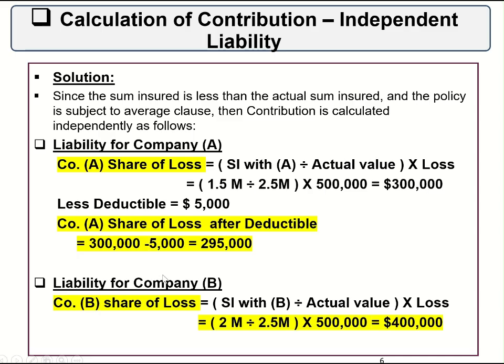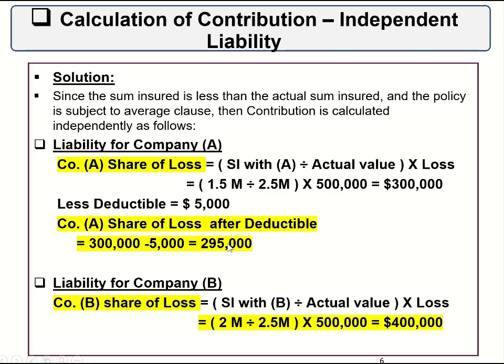So under independent liability, if there is only one policy issued for this factory, company A will pay $295,000. And if there is only one policy issued from company B for this factory, then the indemnity will be $400,000. Now, there are two policies.